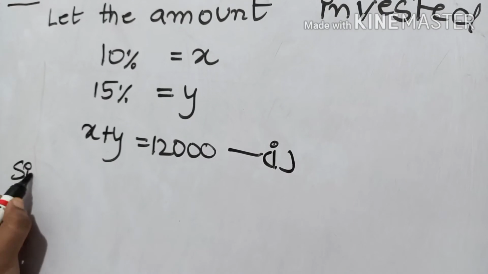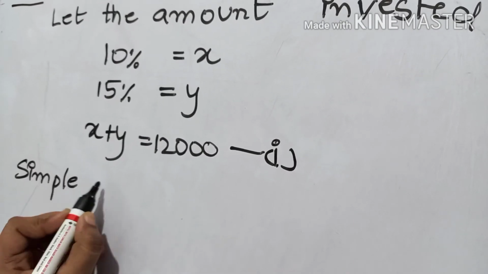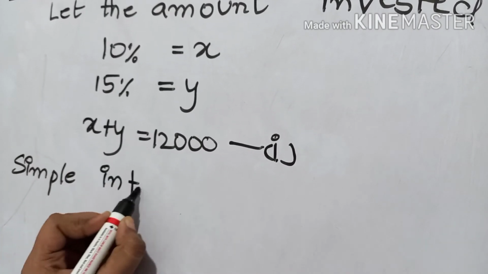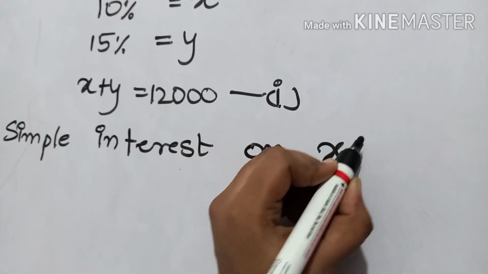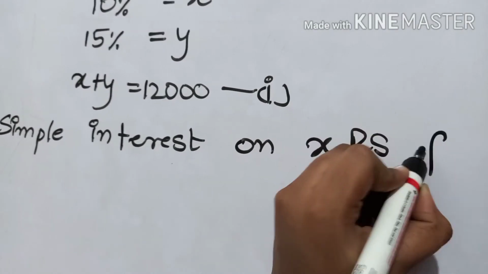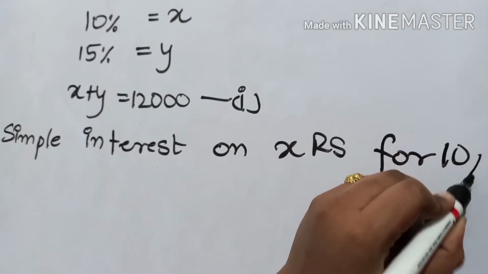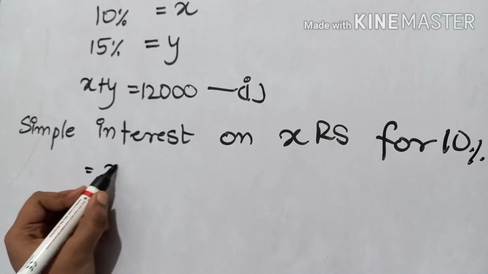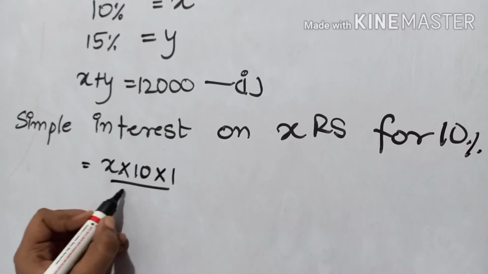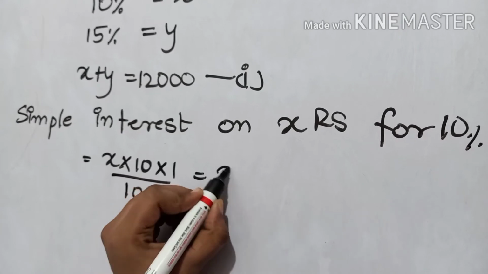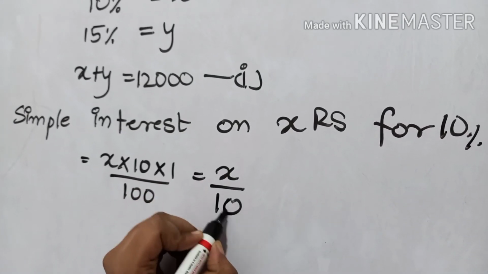Now simple interest on x rupees for 10%, that is x into 10 for 1 year, into 1 by 100, that is x by 10.